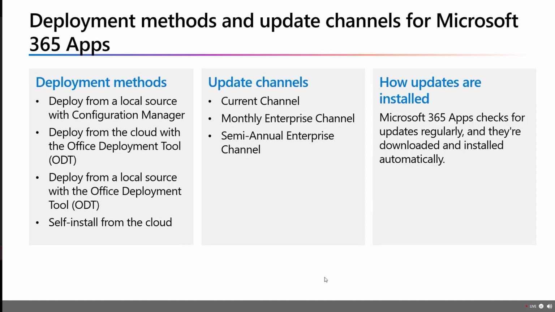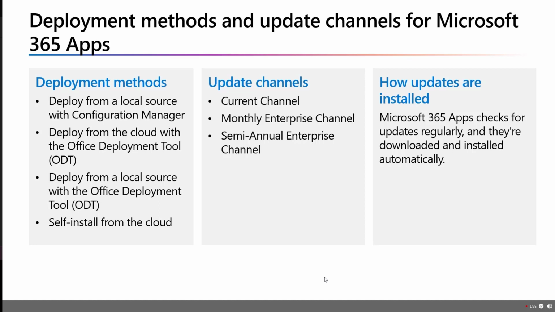So when we're talking about update channels, let's dig into that a little bit more, as Microsoft 365 apps is a product that provides new and updated features for Office apps regularly. So you can control how often those users in your organization get those new features. So by specifying the update channel as needed, you can provide each update channel with 2 other types of updates that are released every month. So we've got a bit of flexibility here that we'll talk about in a bit more detail.